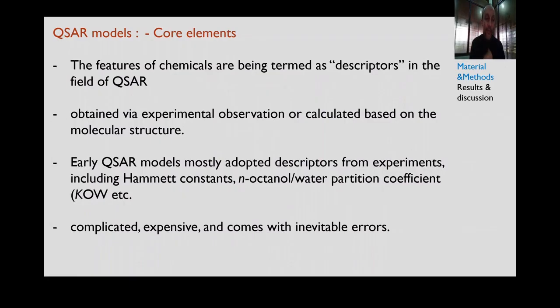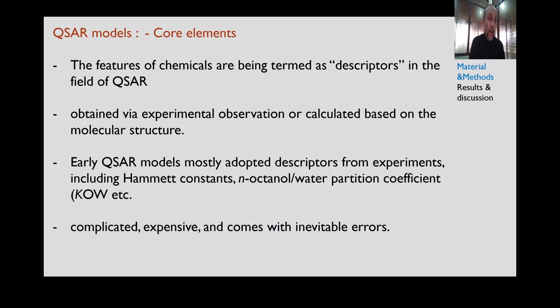The features of chemicals are directly or indirectly related to their molecular structure, typically termed descriptors. Descriptors in the field of QSAR are obtained via experimental observation or calculated based on the molecular structure, which we are going to see when we look at the QSAR Toolbox. The early QSAR models mostly adopted descriptors from experiment, including constants like the Hammett constant and octanol-water partition coefficient, and so on.